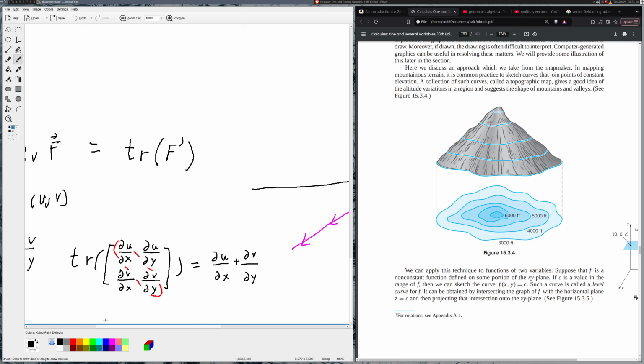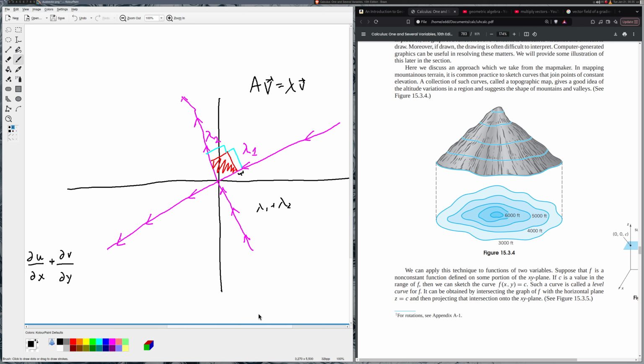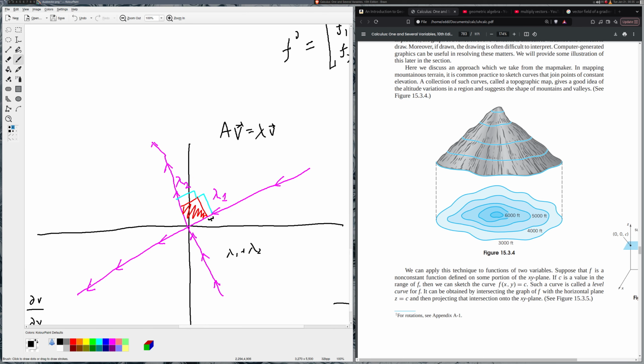If you don't know your linear algebra, you can study up on it. But one of the properties of a trace, first of all, the trace is just the sum of these diagonal entries, and it gives you the sum of all the eigenvalues. If you don't know what an eigenvalue or an eigenvector is, basically an eigenvector is a vector that lies in these lines.